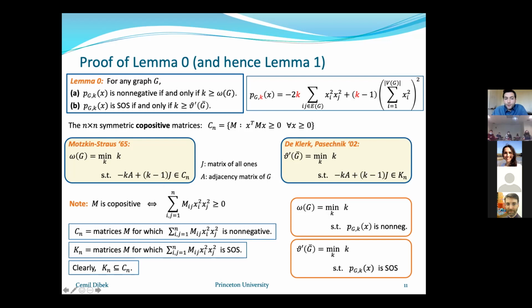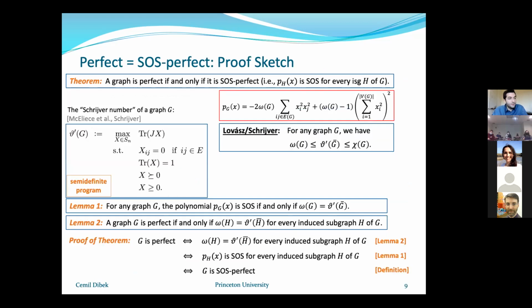This is true for any graph, right? And this is a difficult problem because checking if a matrix is copositive is difficult, and finding the clique number is difficult. But in the case of perfect graphs, where did I show it? I think it was here.